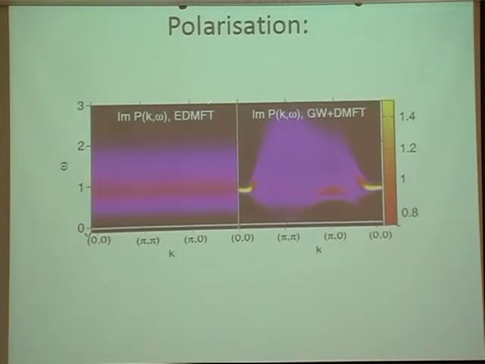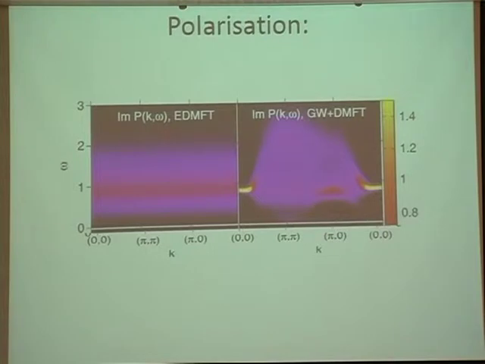Just plain EDMFT would give you, here what is plotted is the imaginary part of P, something K independent, because you just add a local polarization. Now, what GW plus DMFT is doing is adding K dependence to that through the polarization of the non-local part, the GG, and that gives a substantial modulation here in K-space.